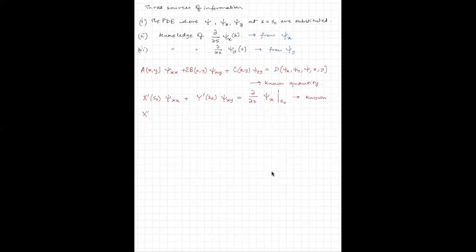And also x prime s naught psi xy plus y prime s naught psi yy is equal to del s psi y at s naught. This is also known.